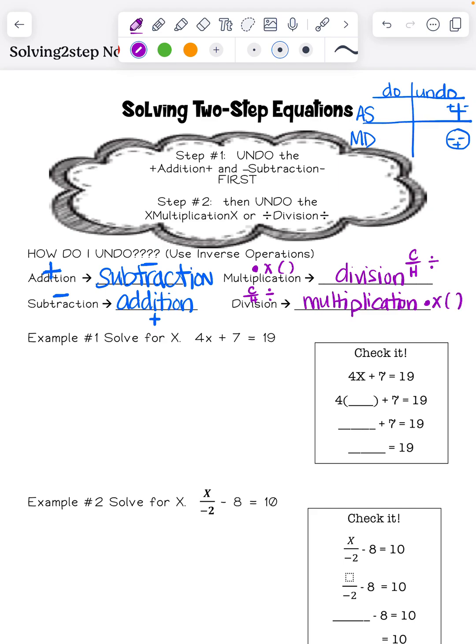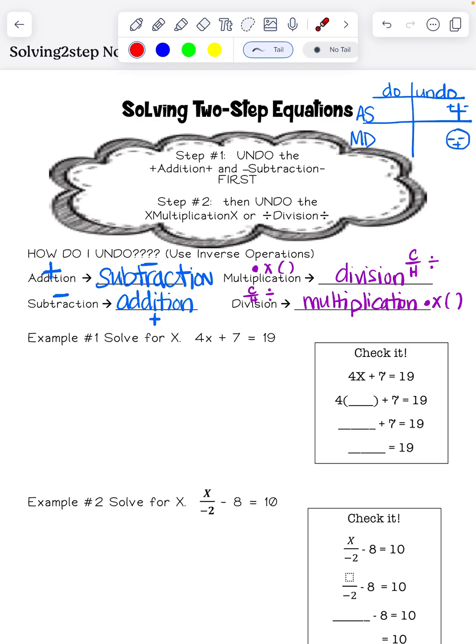Okay? So now that we've reviewed our inverse operations, now let's apply those with our do-undo chart and see what we can come up with, okay? So I am going to solve for X here. And so first things first, I am going to rewrite my problem.